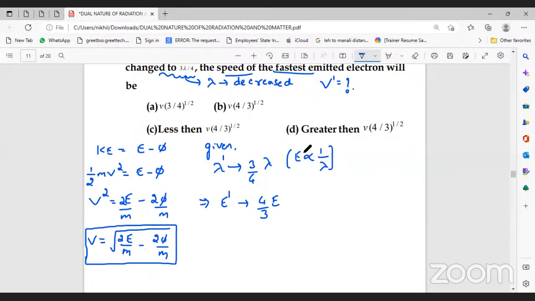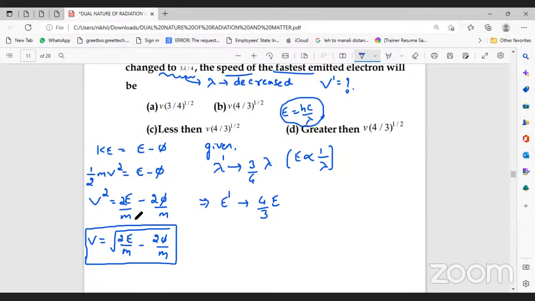E is hc by lambda, no? If E is hc by lambda, how are energy and wavelength related? Inversely proportional. So E dash will become 4 by 3 times of E.